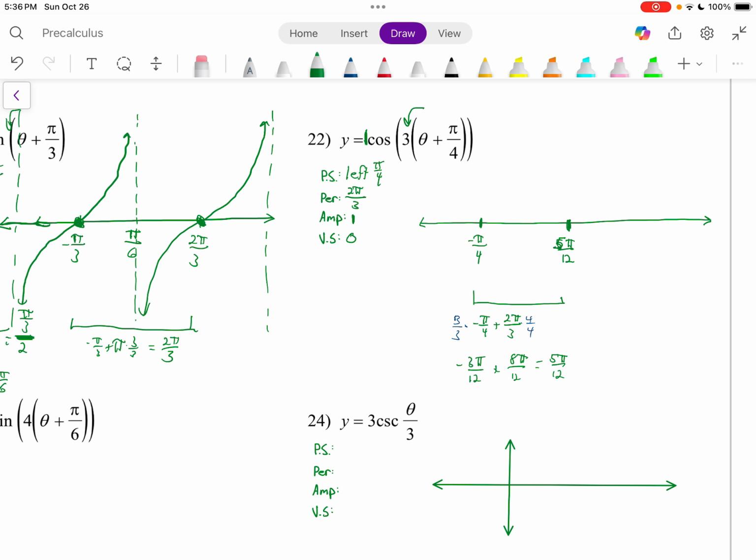Well, this is cosine, so we want to split this into 4 equal parts. We've been doing one method. I'm going to show us another method we can do here to help us find these points. At times, I actually think this is a little bit easier, especially with this setup with 4ths and 12ths. So this period is 2 pi over 3, and we want to split 2 pi over 3 into 4ths.